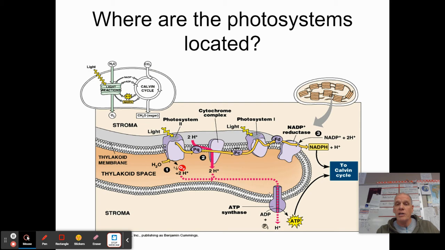This coupling is called chemiosmosis, which we'll come across again in cell respiration. Very similar process in cell respiration, okay? Except in cell respiration, the energy is coming from complex carbohydrates and fats and proteins, whereas in photosynthesis, the energy is coming from light.